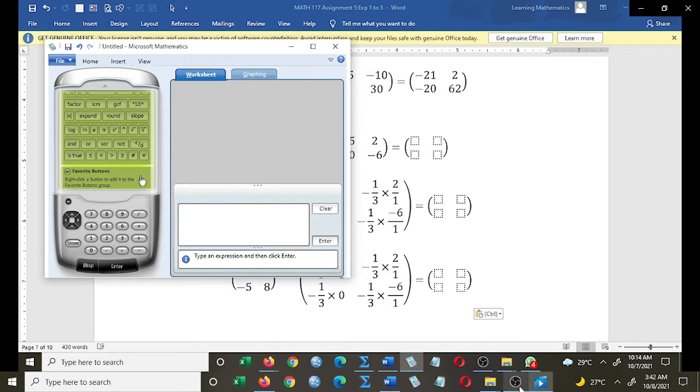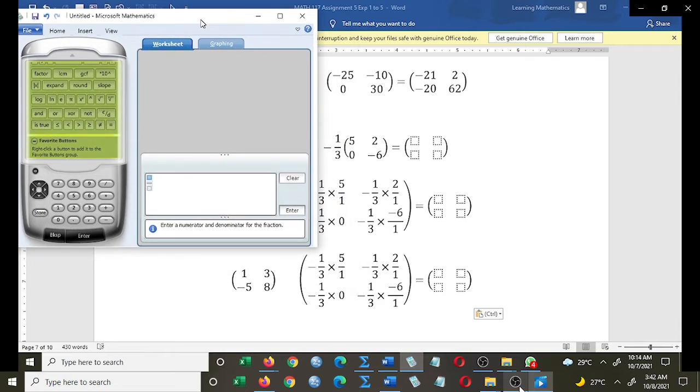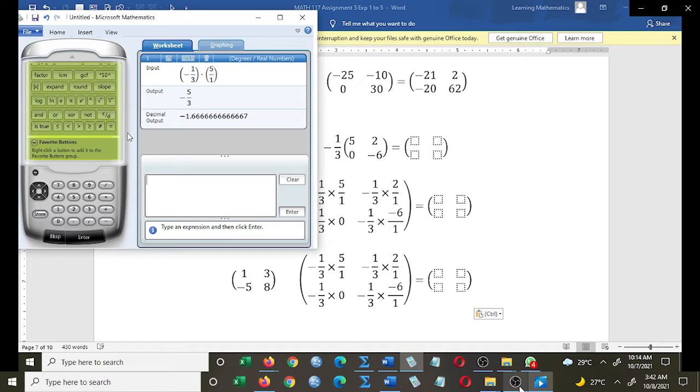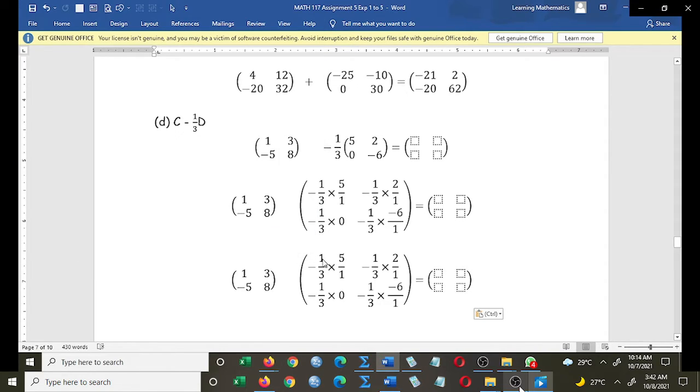Look at one there. You see that's the up and down. When I press it, it gives me the numerator and the denominator. Minus 1 over 3 times, another symbol for times is a dot, 5 over 1. Minus a third times 5 over 1, and what do we have?